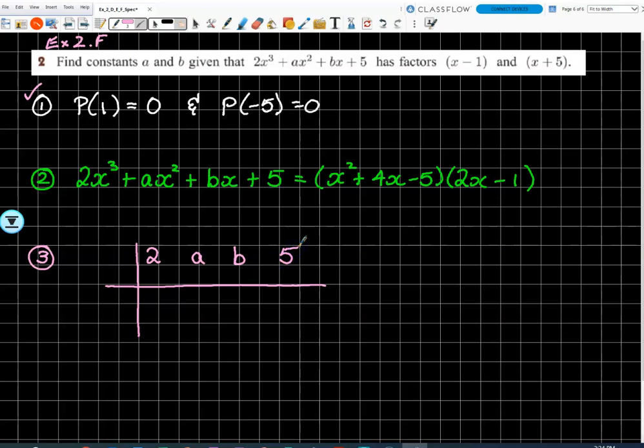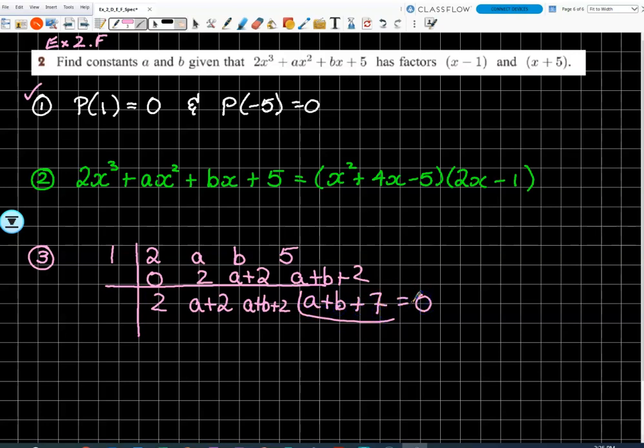Okay, so we divide, we go 1 here, 0, 2, 2, a plus 2, a plus, oops, there's probably a reason why you shouldn't do it this way. And then a plus b plus 2, and that has to equal 0 because it's a factor.